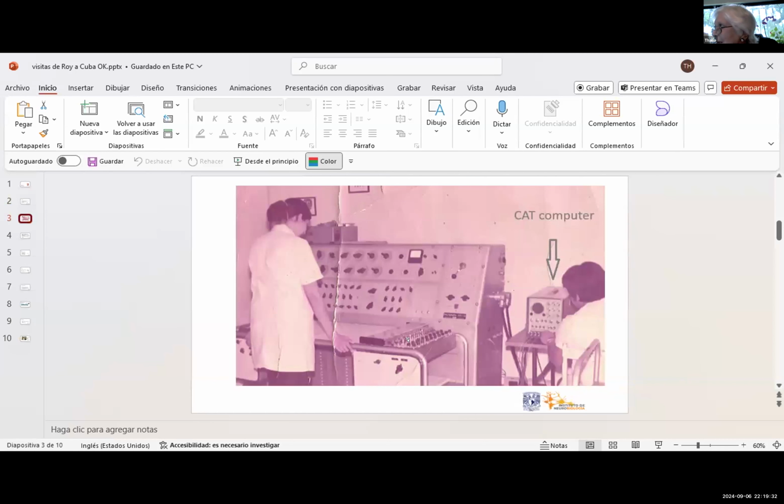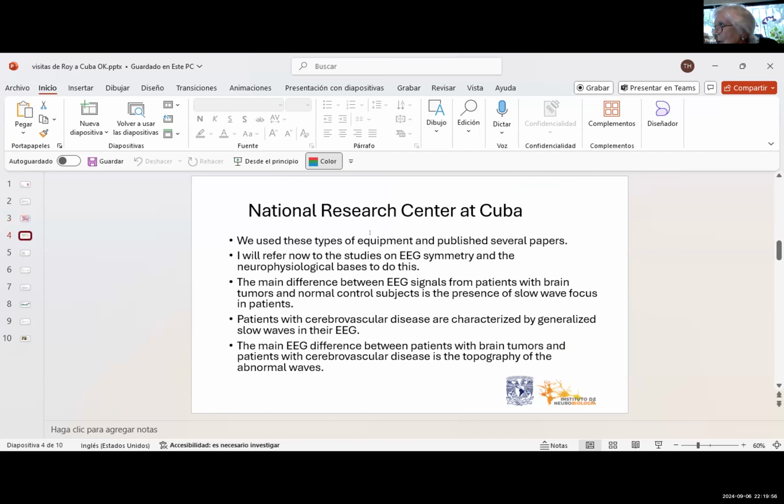Here is a figure of the lab at Havana, and here is the EEG equipment. It was an Alvar French machine, and here we have the CAD computer, in which we obtain the average evoked responses. However, I will show more on the symmetry analyzer.